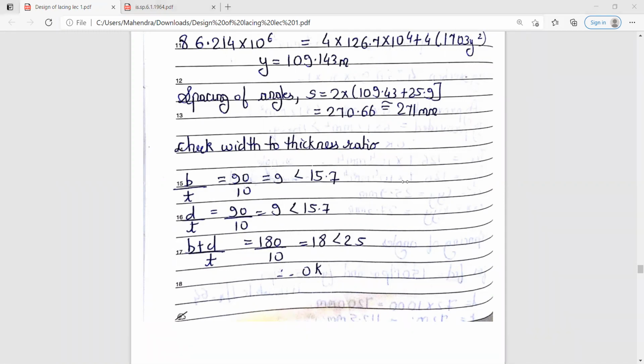So do this check. And after completing this check, let me know.